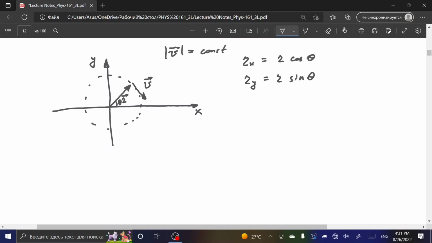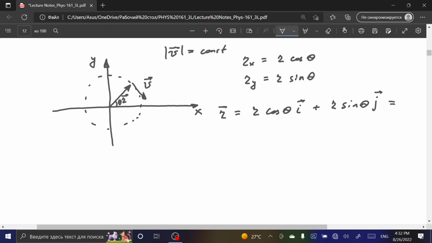So with this, we can now write the expression for our radius vector. The radius vector is equal to R times cosine theta times the i unit vector plus R times sine theta times the j unit vector.